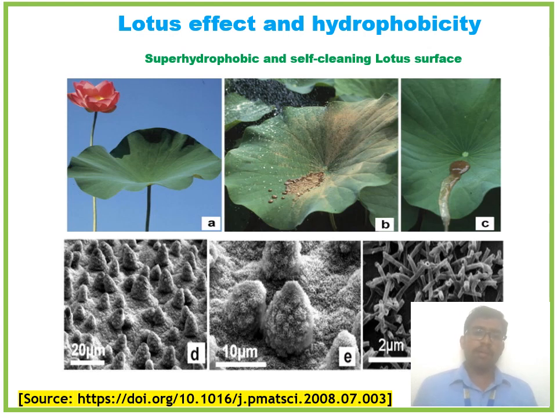When water droplets come into contact with the surface, they tend to roll off, carrying dust, effectively cleaning the leaf. This lotus effect is widely used for developing self-cleaning surfaces and materials, which are applied in solar cell fabrication.